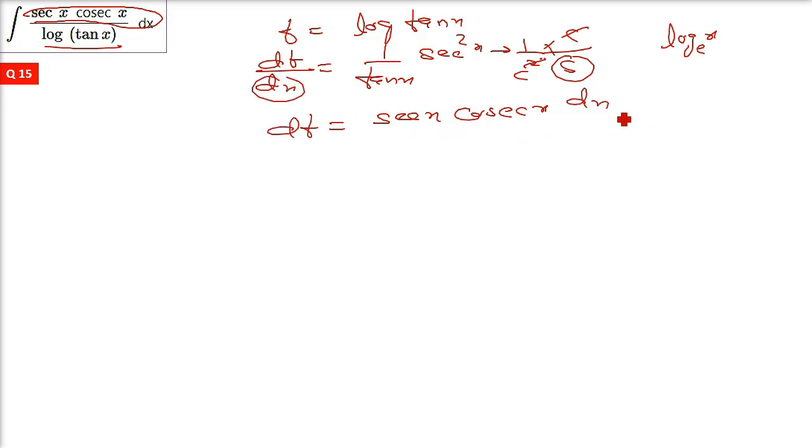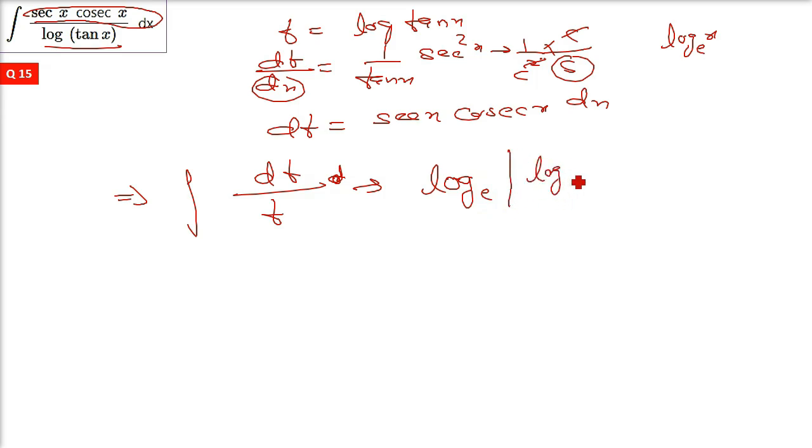So the numerator you can just keep as dt. So this is the integration, dt divided by this whole thing, which is t. You don't have to write anything, dt is already there. So this will be ln or log, because we have initially said that's ln only, log base e, of the modulus of log tan x.